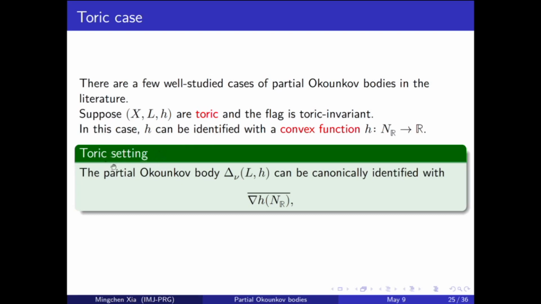And in the toric setting, the partial Okounkov body can be identified with the gradient image of H. That means H is a convex function, we take its gradient image, and we take the closure, and we get a convex body in the character lattice. This convex body is sometimes known as the Newton body of the metric H, and it has been widely studied in the literature.